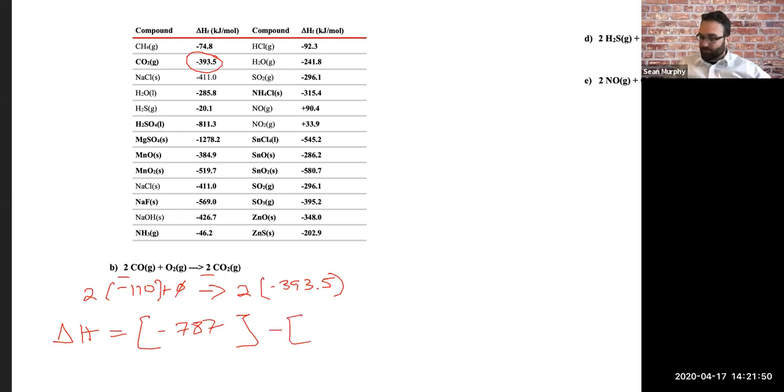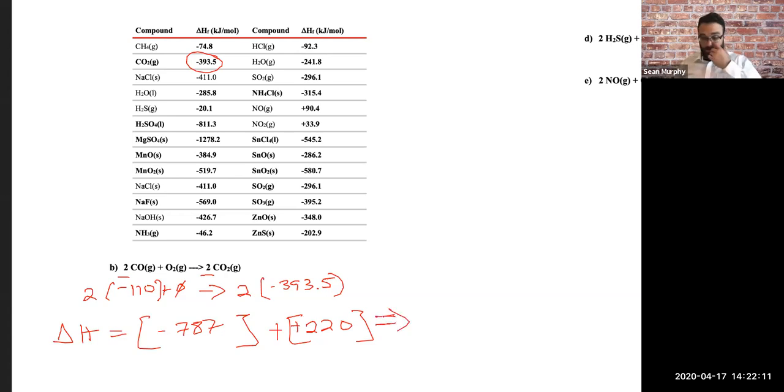Subtract that of the reactants. So it should be 210, but let's just double check. I'm sorry, 220, good thing I double checked. 220, and remember that's going to be negative. So then those are going to be negative, negative. Those are going to turn to positive.